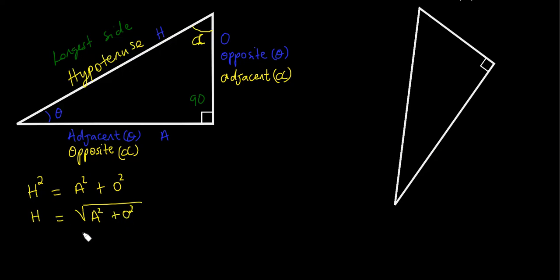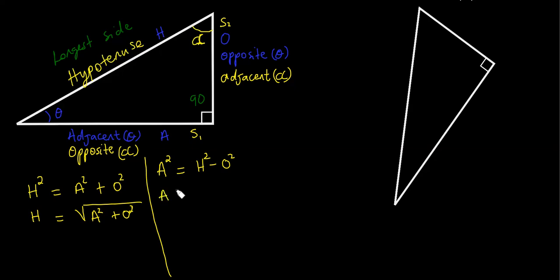That's how you remove the exponent. But now let's look at one of the small sides, because these two are the small sides. Whenever you're looking for the adjacent, adjacent squared will be equal to hypotenuse squared minus opposite squared. So you always have to subtract the other side from the hypotenuse.